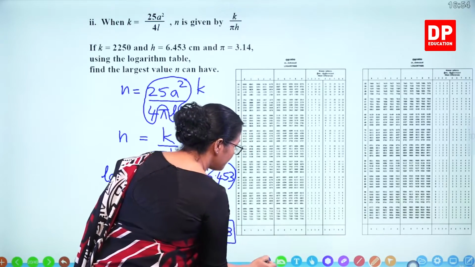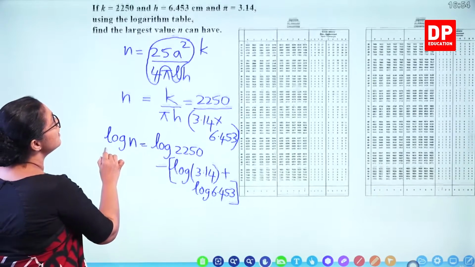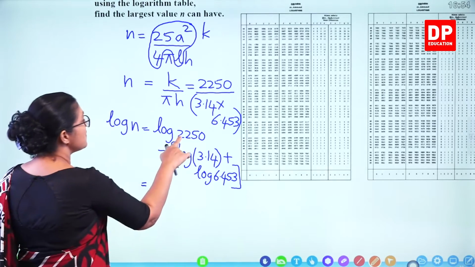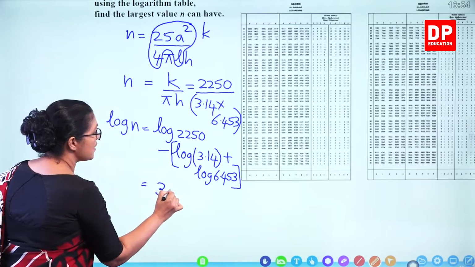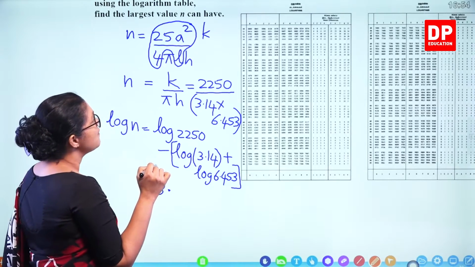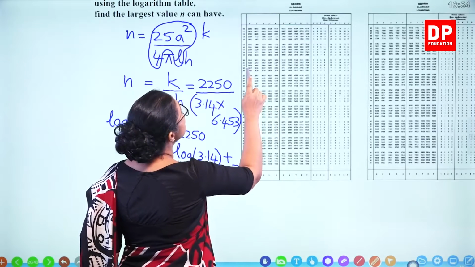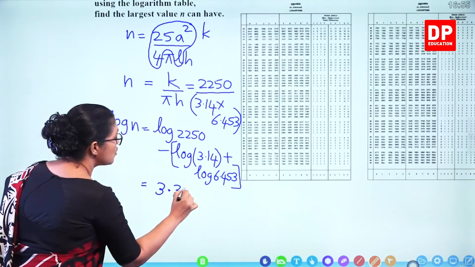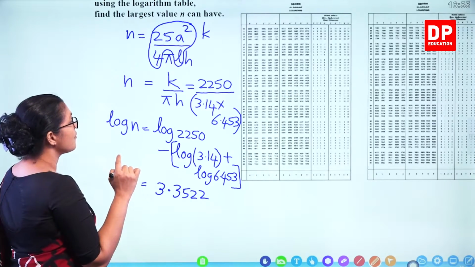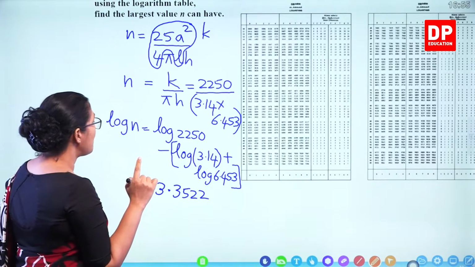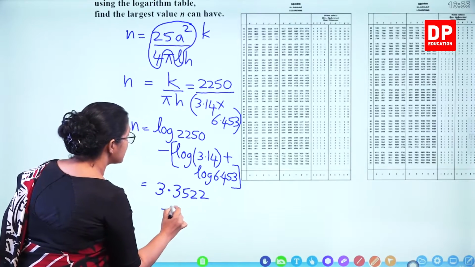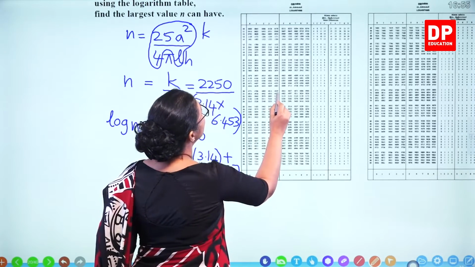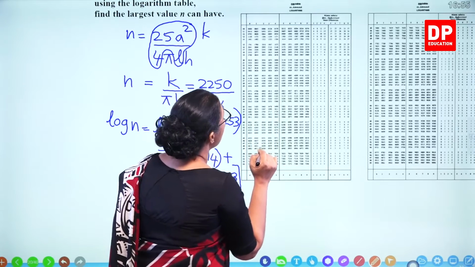Now you have to refer to the log tables. This is 3 point something, 2250: 3522. Then 3.14: 0.3144, this is minus 0.4969.